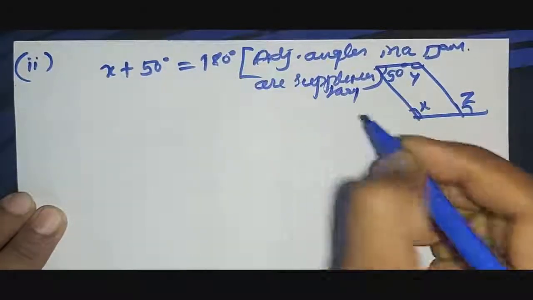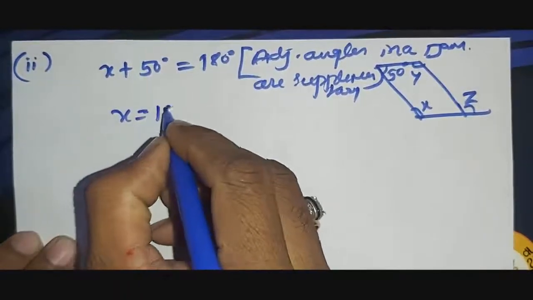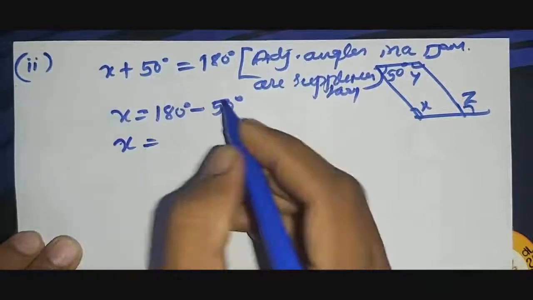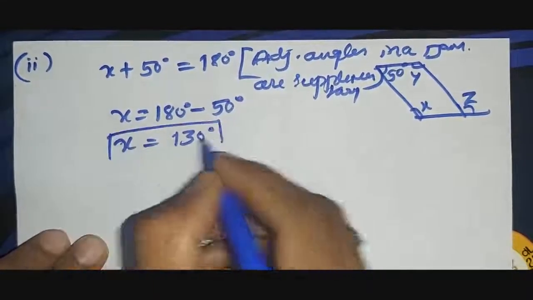Next, x is equal to 180 minus 50 degrees. Therefore x is equal to 180 minus 50, which is 130 degrees.